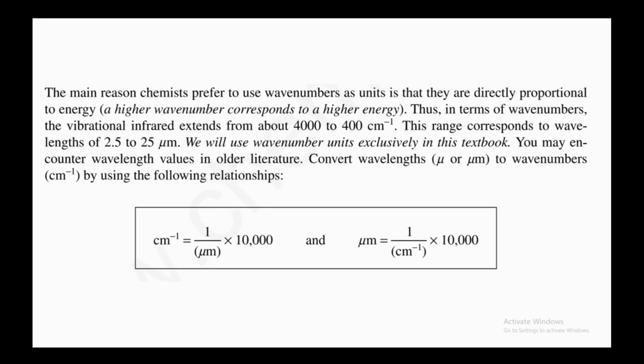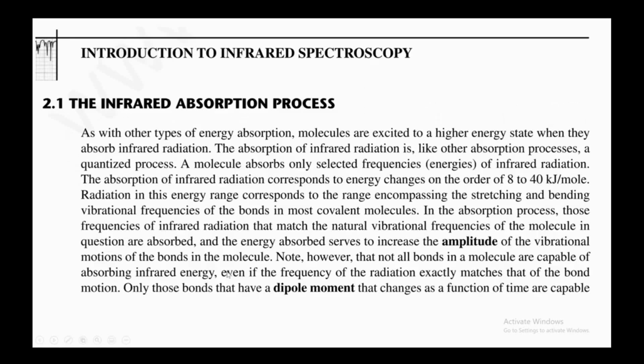We will use wave number units exclusively in this textbook, Introduction to Spectroscopy by Pavia and co-authors. You may encounter wavelength values in older literature. Convert wavelengths, in microns or micrometers, to wave numbers per centimeter by using the following relationship. This equation can be used to convert units.